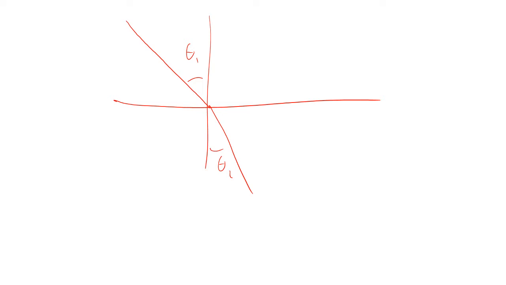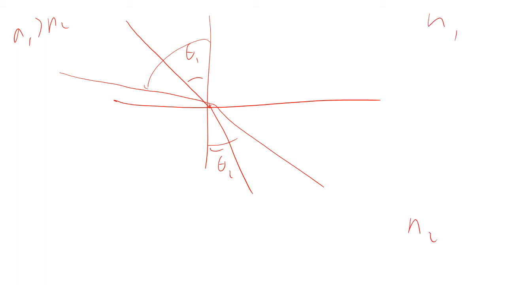Well, an interesting thing happens, and that is that as theta 1 gets bigger, theta 2 gets bigger, until eventually, if theta 1 is really big right here, then theta 2 here is going to be like that. It's not going to get as big as fast, assuming that N1 is greater than N2. So this is N1, that's N2.